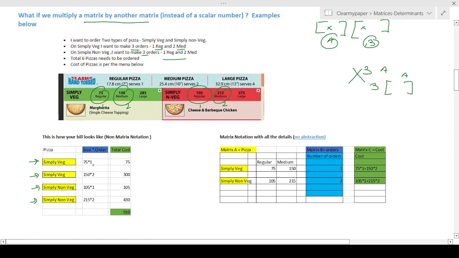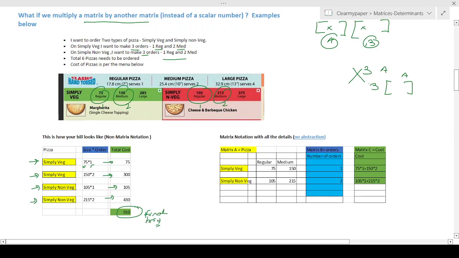Like I want one order, and what is the cost of one order of the pizza, like 75 into 1 and 150 into 2, and then we get the total cost for veg. We get the cost for non-veg, and we get the grand total of 910 rupees. That's your final bill. That's how your bill appears.